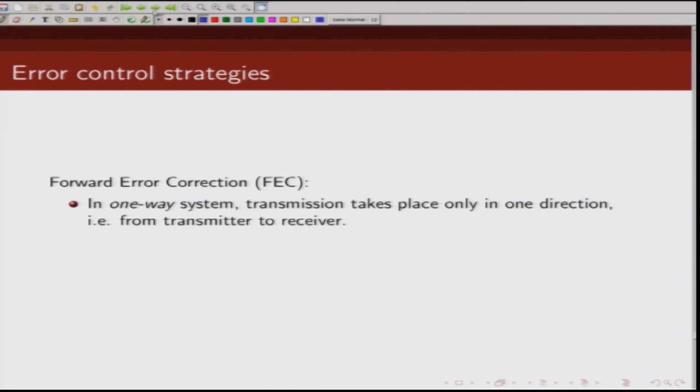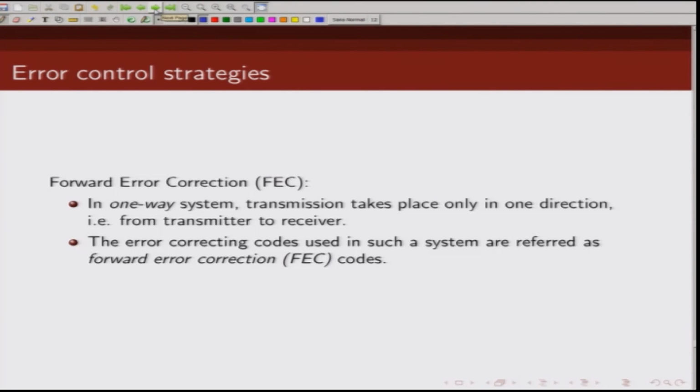In those systems, the error correcting codes that are used are known as FEC. So, when you hear the term FEC code, it basically means the error correcting code used when we are using transmission one way from transmitter to receiver.